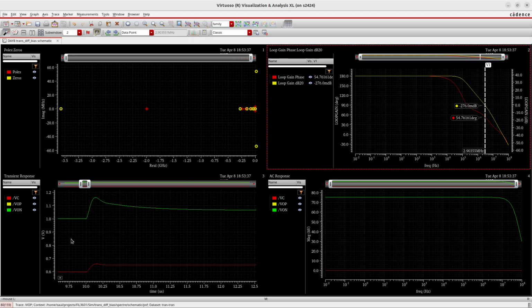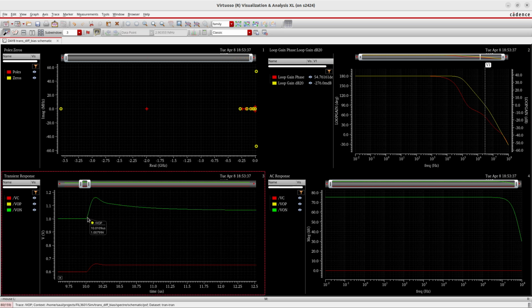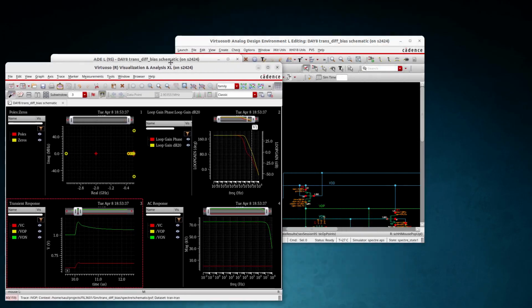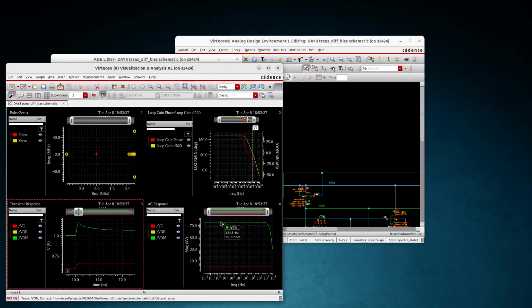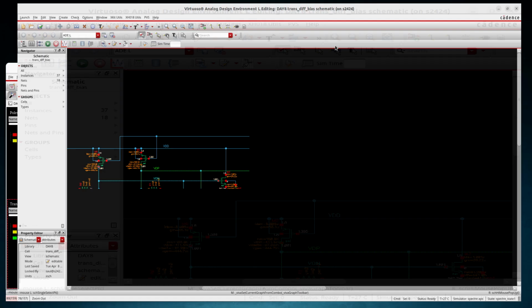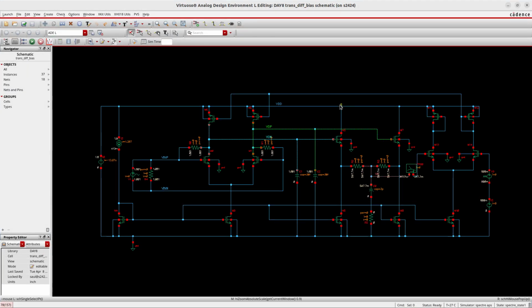And we can see that when we put a pulse at the reference, it recovers quite quickly and without a large overshoot. Okay, and I think that is the last example.